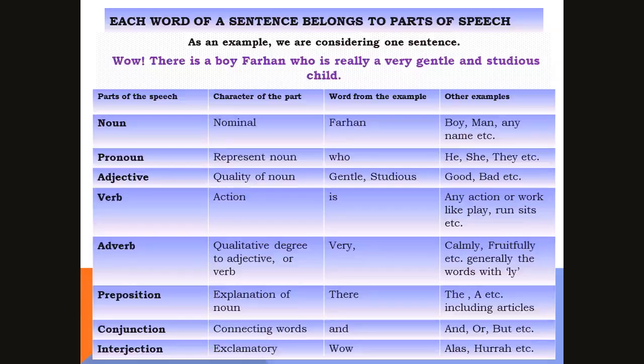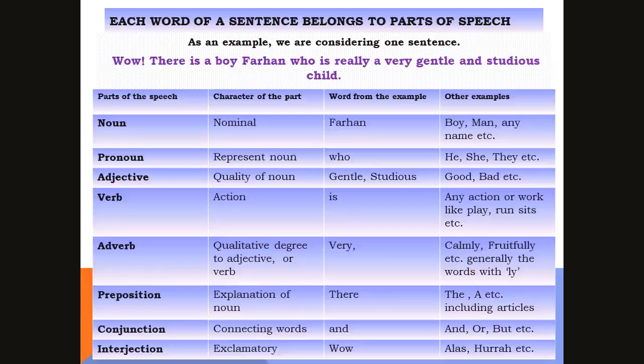Next comes the pronoun. A pronoun is a substitute. It represents the noun. Like here, you can see in this sentence that who is a pronoun, because who is representing Farhan. So who is the substitute for Farhan.